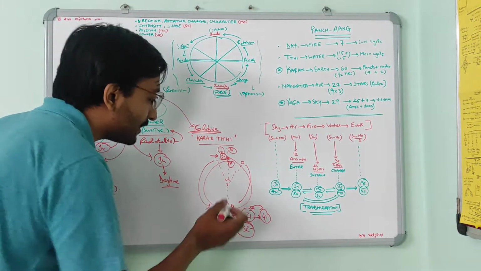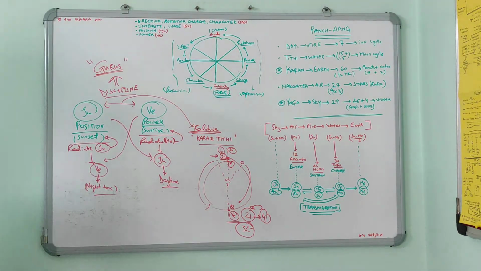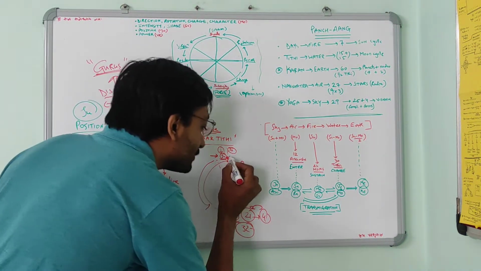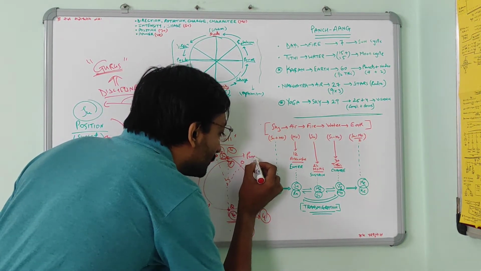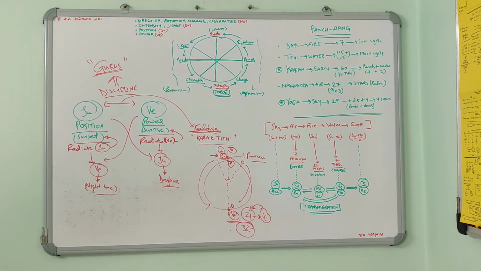Suppose this point P comes on, let's say the point P comes on Punarvasu Nakshatra. See over here, suppose this point P is Punarvasu. And exactly below the Punarvasu Nakshatra is, let's say, Purvashada.